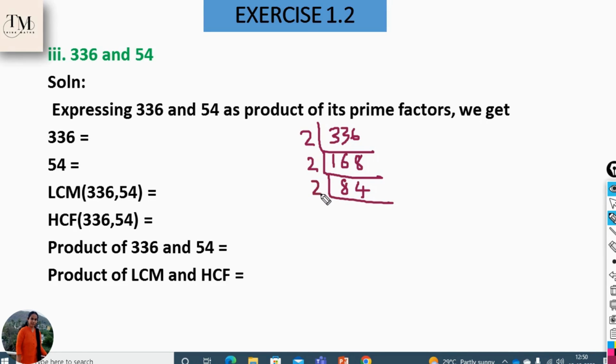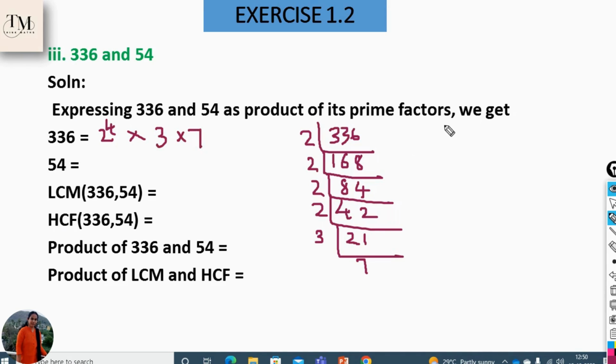Again I take 2. 4 2s are 8. 2 2s are 4. So again I take 2. 2 2s are 4, balance 1. So 21 is in the 3 table. So 3 7s are 21. So how many 2s appear here? 4 2s. So 2 power 4 into 3 into 7. So next number is 54.